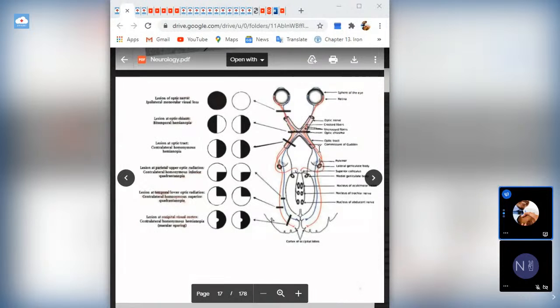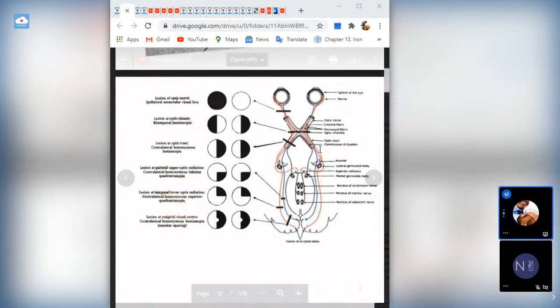After the optic tract, impulses move to what is known as the optic radiation. Some impulses go to a place known as the lateral geniculate body. Then from the lateral geniculate body, some impulses move to the superior colliculus to modify the vision.